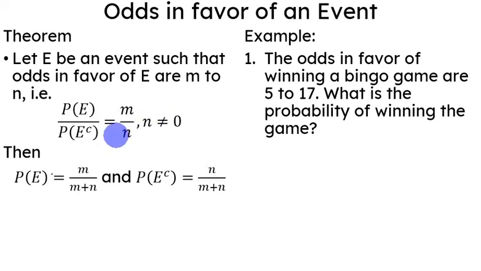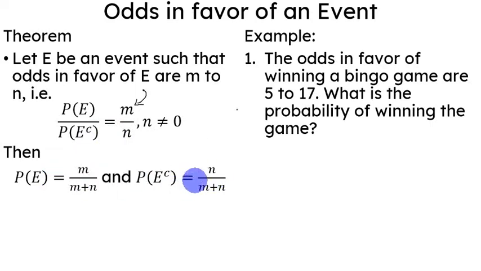Then the probability of E would be M over M plus N, and the probability of E complement would be N over M plus N. Which in a way makes sense because the probability of E would usually be the cardinality of E, which is M, over the cardinality of E union E complement.